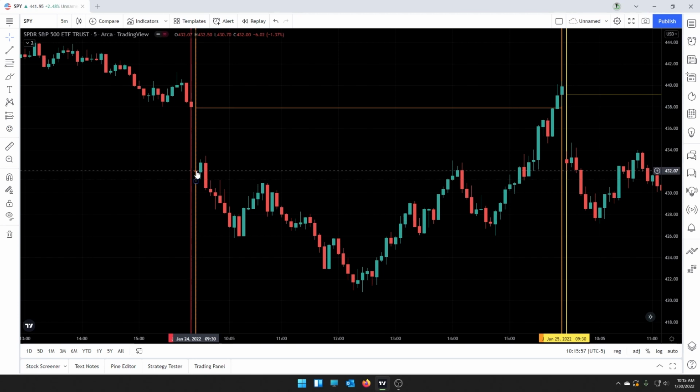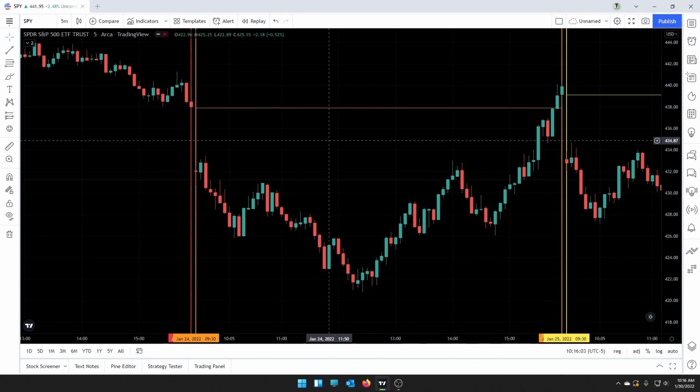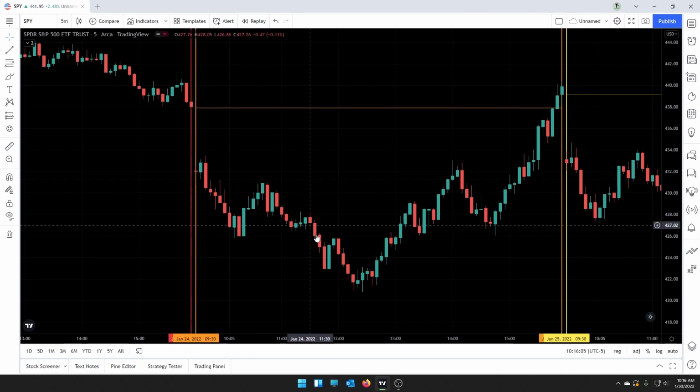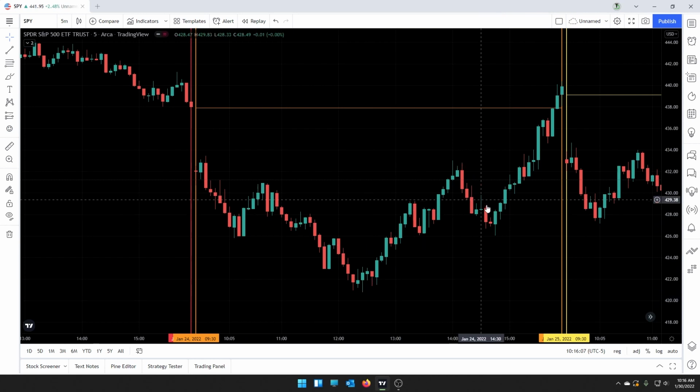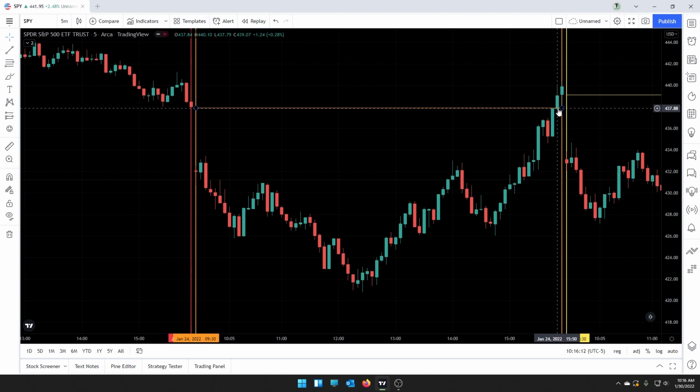Now, in this particular case, it took all day to fill the gap, but we filled the gap. As you can see, we opened, we chopped down a lot, we chopped up, we came up, and boom, 10 minutes before market close, maybe 15, either way, we fill the gap.